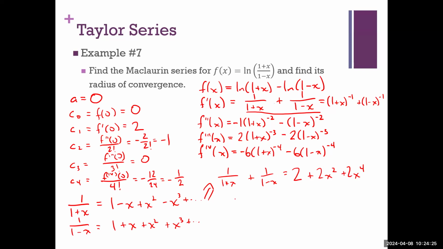Is that something we can generalize? 2 times x to the 2n. So even though we have these Taylor series tools and these geometric series tools, be ready to look for which one of those is actually better for the job.